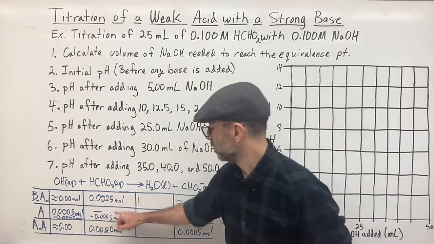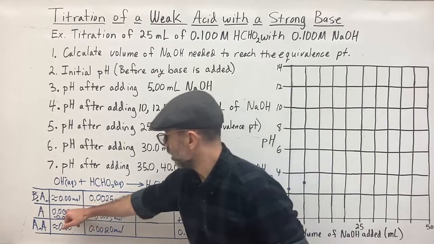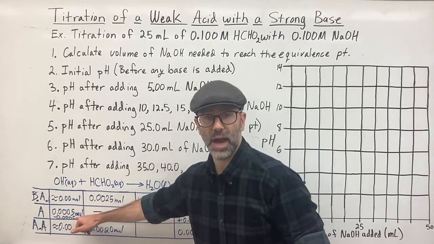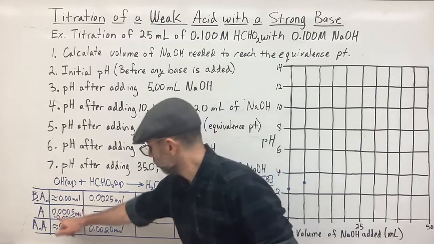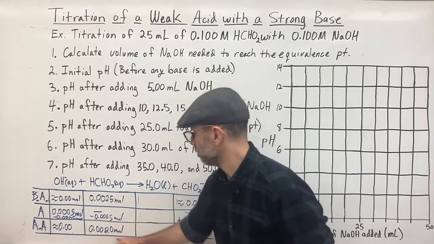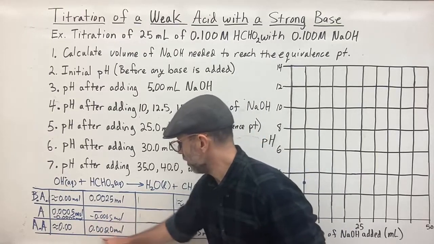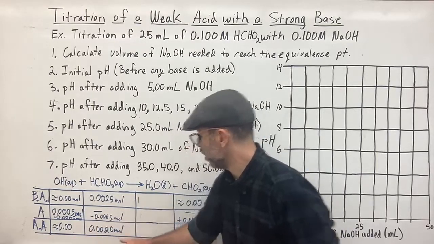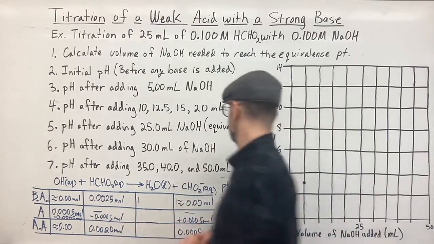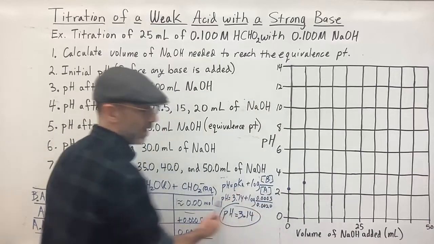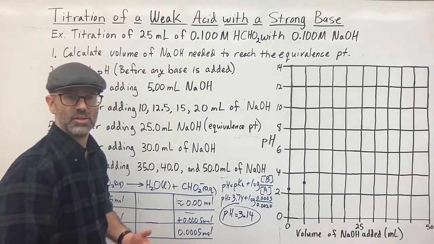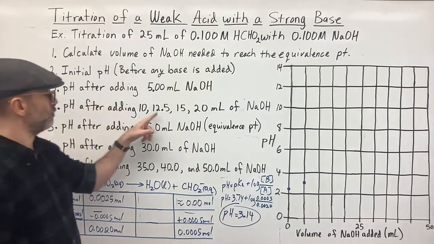This would be different because you are calculating a different number of moles of your OH minus because you're adding more base. And so the number of moles of your acid would go down, and then this would go up. And so once you figure those out, you just plug those into your Henderson-Hasselbalch equation, and it'll spit out the pH. So you can do that for each of these volumes.